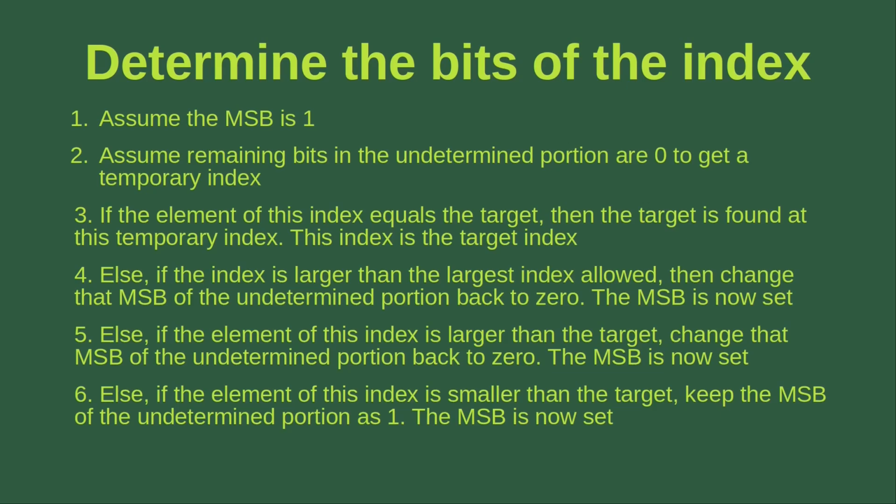And of course, the MSB is now set in this way. Else, if the element of this index is actually smaller than the target, then we just keep this most significant bit of the undetermined portion as 1. And in this case, of course, the MSB is also set as 1.